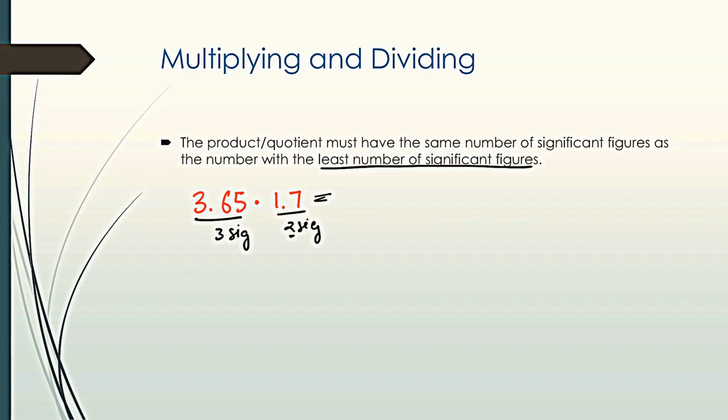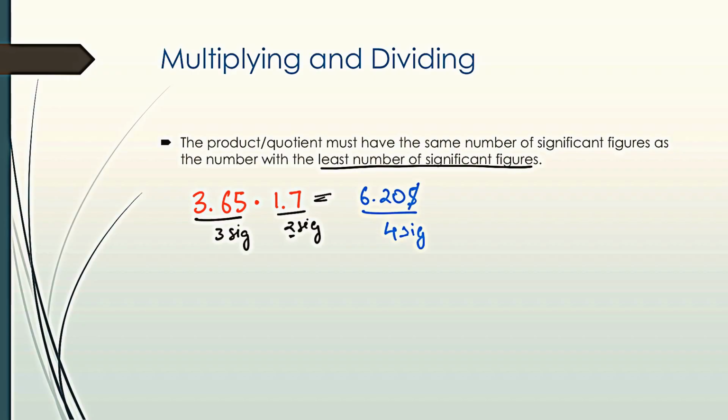So if I do this on the calculator, my answer is 6.205. This has 4 sig figs, but we can't have 4 significant figures because our answer only allows us to have 2, and so we're gonna have to get rid of some of these. So we're going to get rid of the 5.